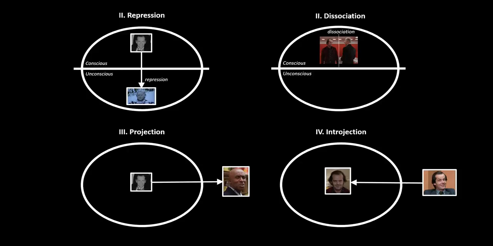Fourth mechanism is introjection. I have mentioned it a little bit. It is identification with the aggressor that was mentioned by Sandor Ferenczi. In introjection, we internalize the desire and the thoughts of the aggressor.